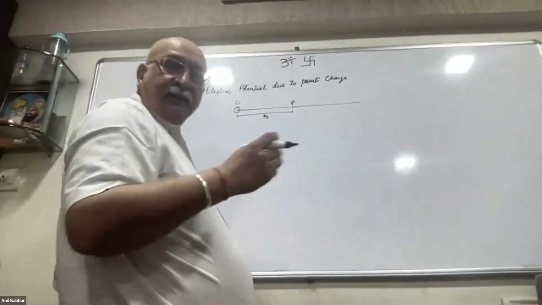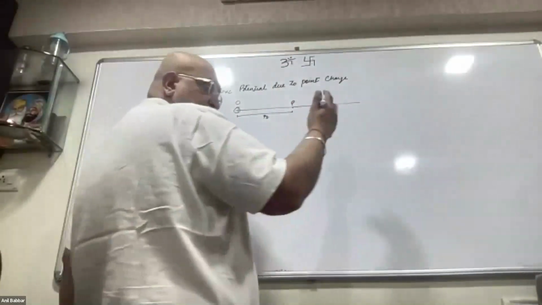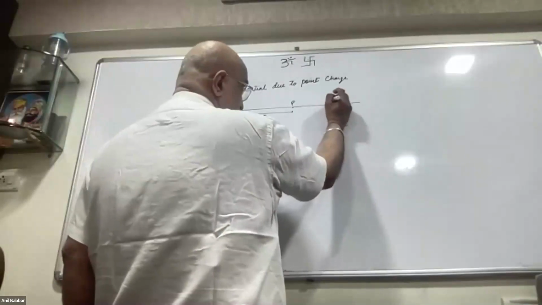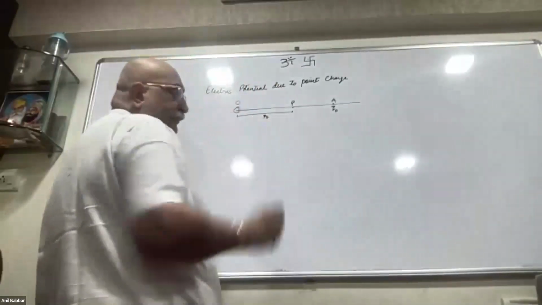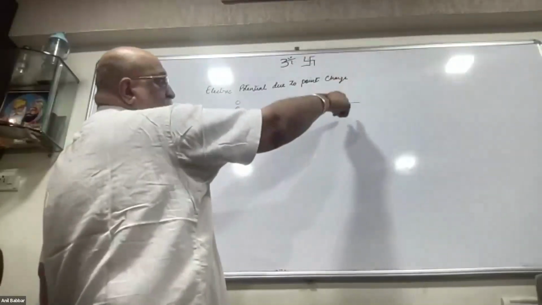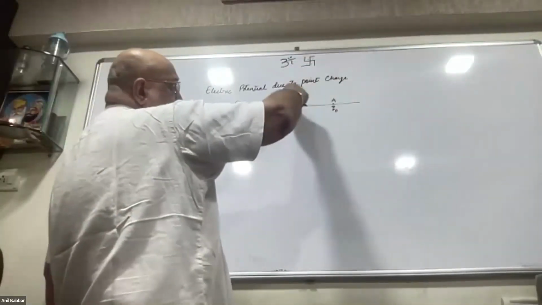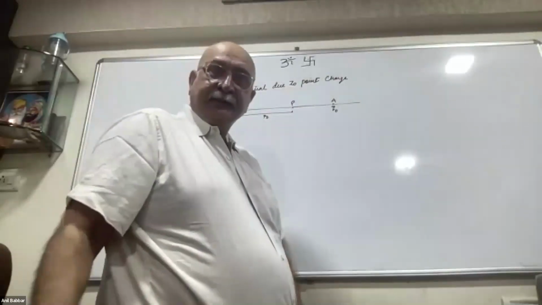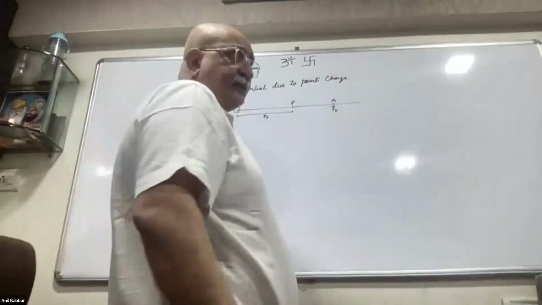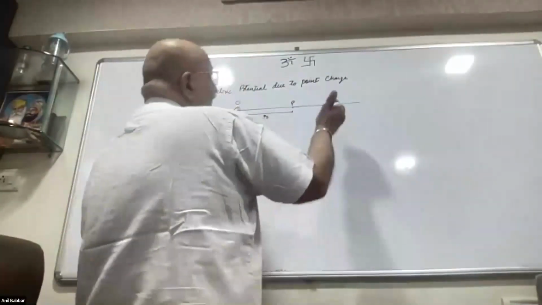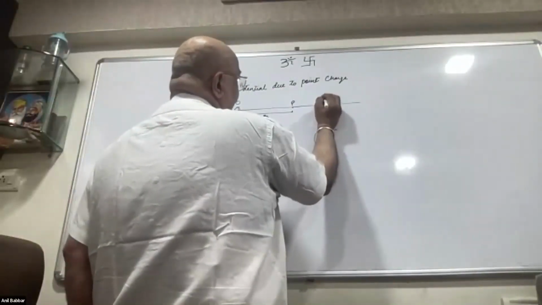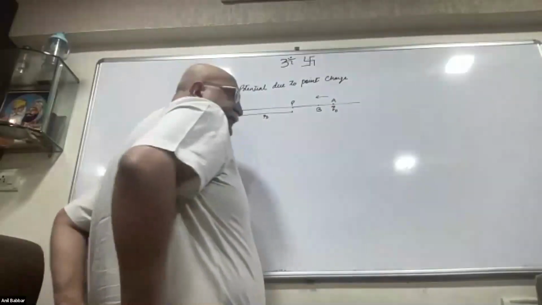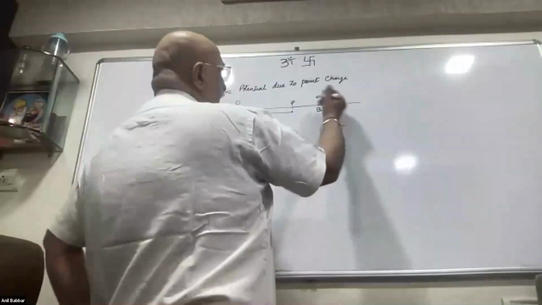And at point A, say, test charge Q naught is located. We need to move the test charge from point A to point B in this direction against the electrostatic forces.